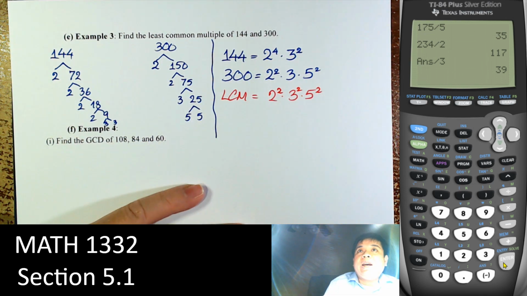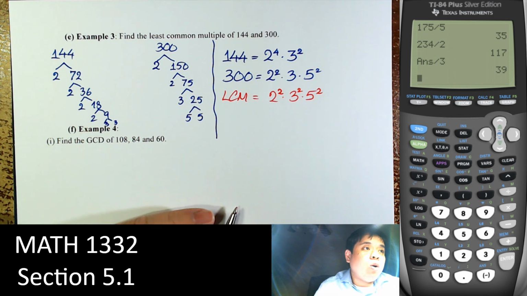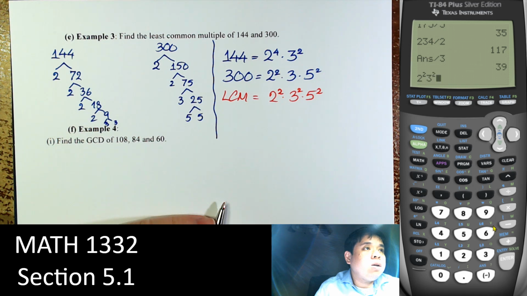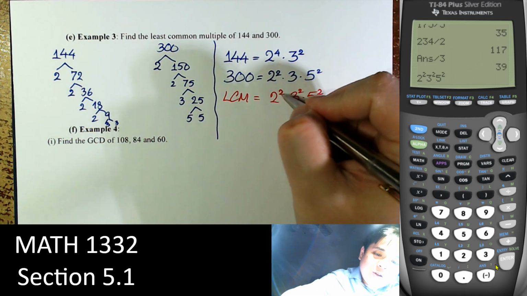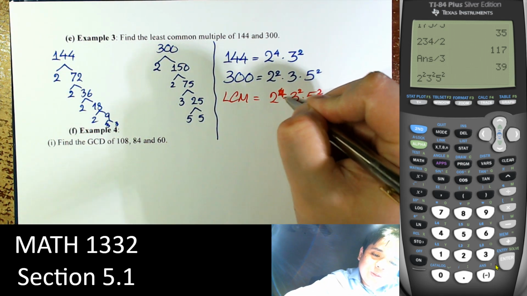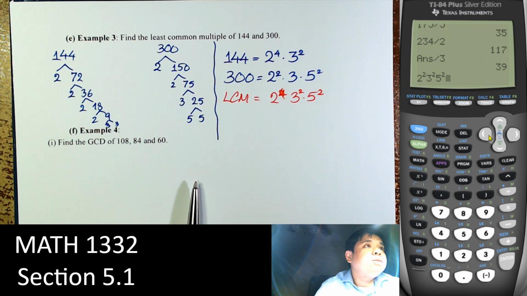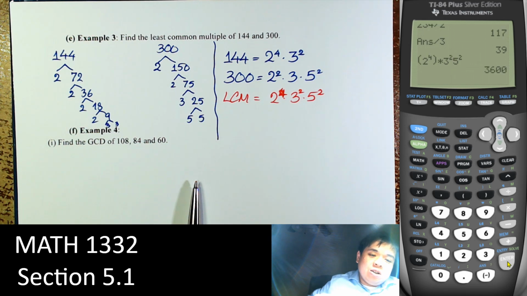So that's what we have, because we would multiply all of this out. So it's to the highest power, right? So this one is 4. The least common multiple is 3600.